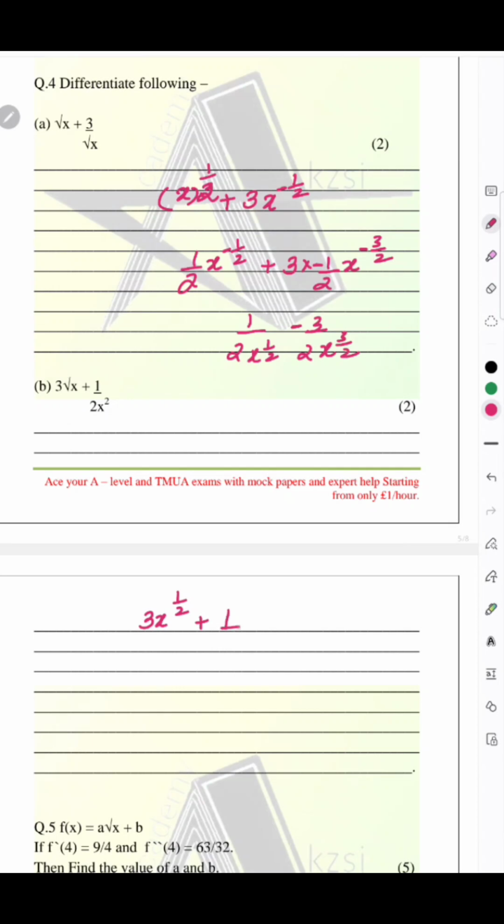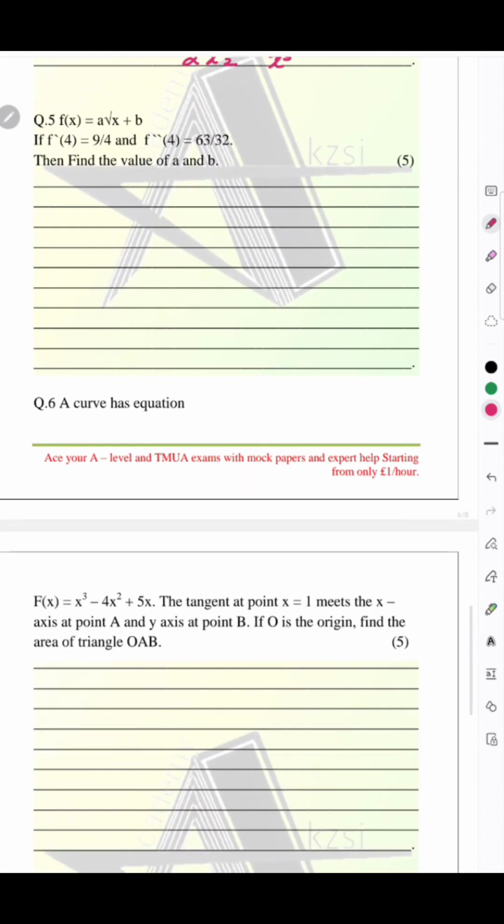This will be minus 3 over 2 x to the power of negative half minus 2 over 2 x to the power of minus 3. Further, we can simplify: minus 3 over 2 x to the power of half minus 1 over x cubed.